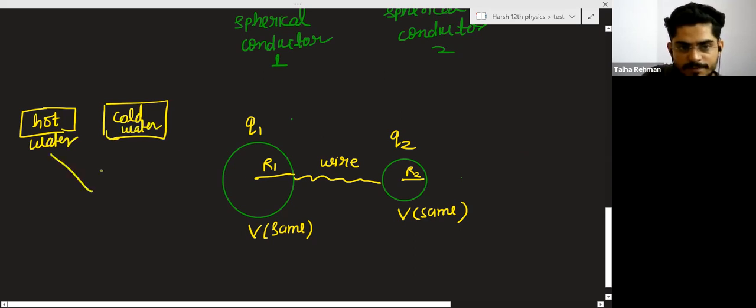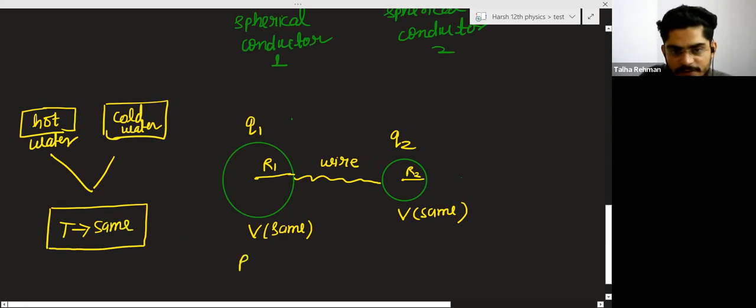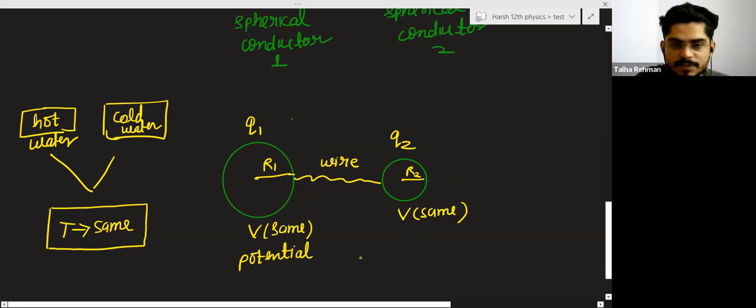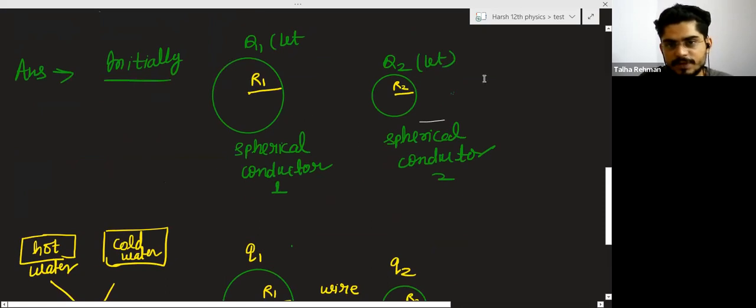When you mix both the waters, heat flows, like here charge flows, here heat flows, till the temperature of both the cold water and hot water becomes the same. Here the potential will become the same. The charge will flow, and the potential becomes the same from this sphere to this sphere.